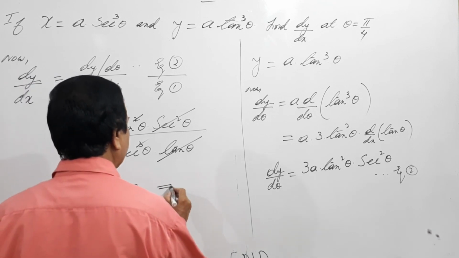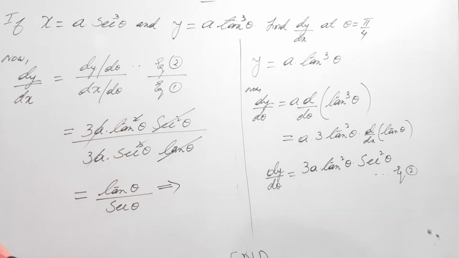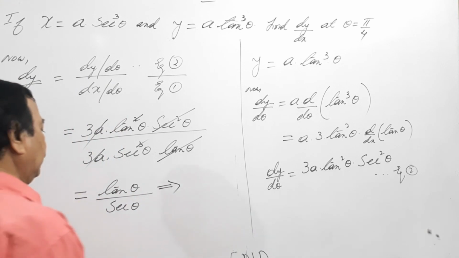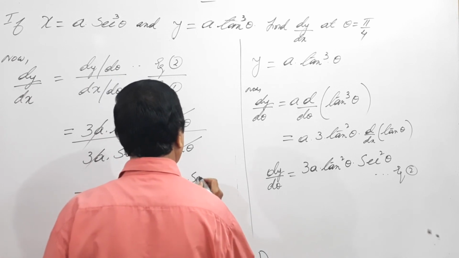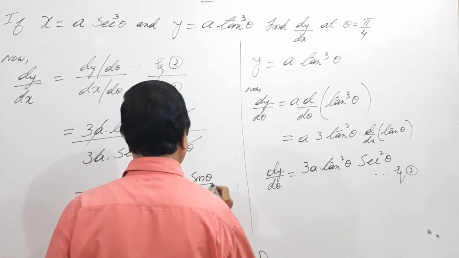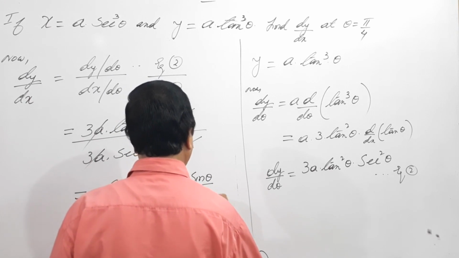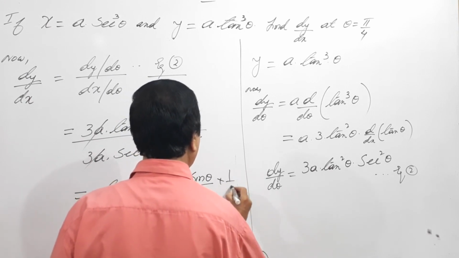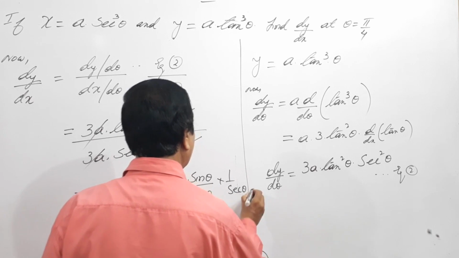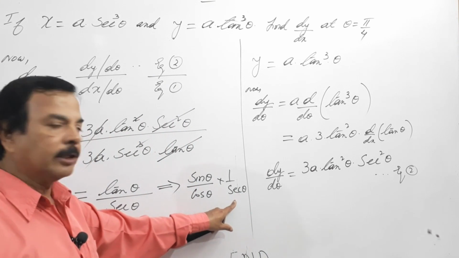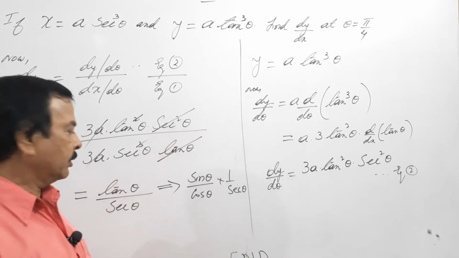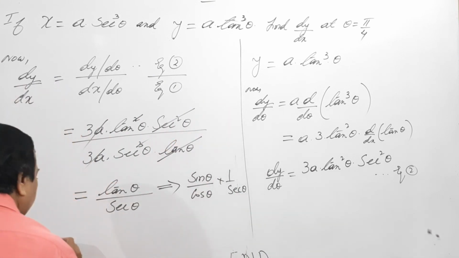So how to solve this? We can write tan as sin theta by cos theta into 1 by secant theta, right? Secant is the reciprocal of cos, so 1 by secant is cos.